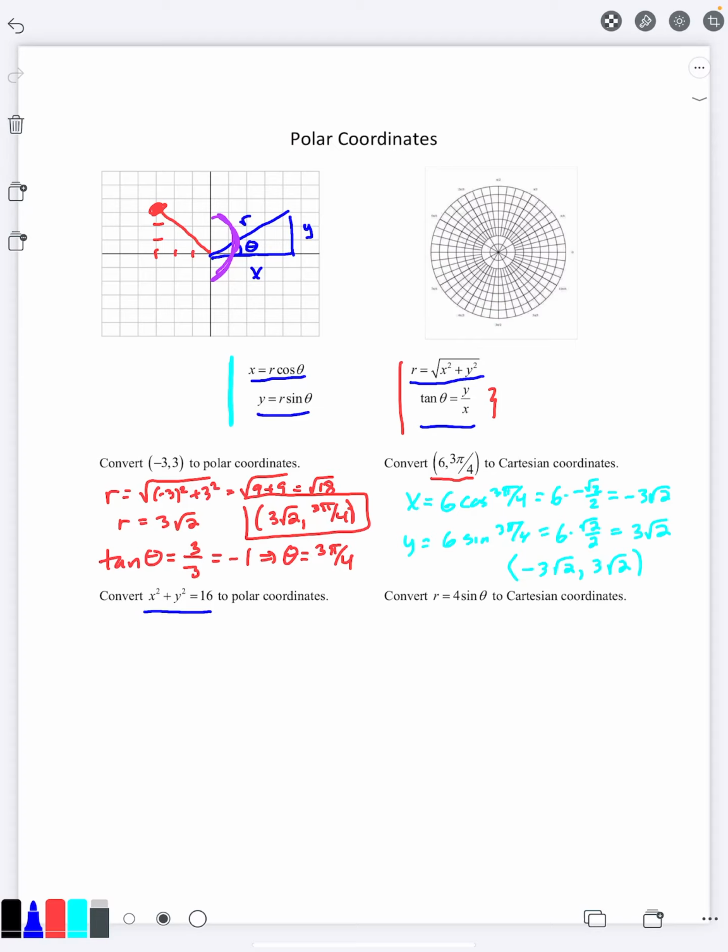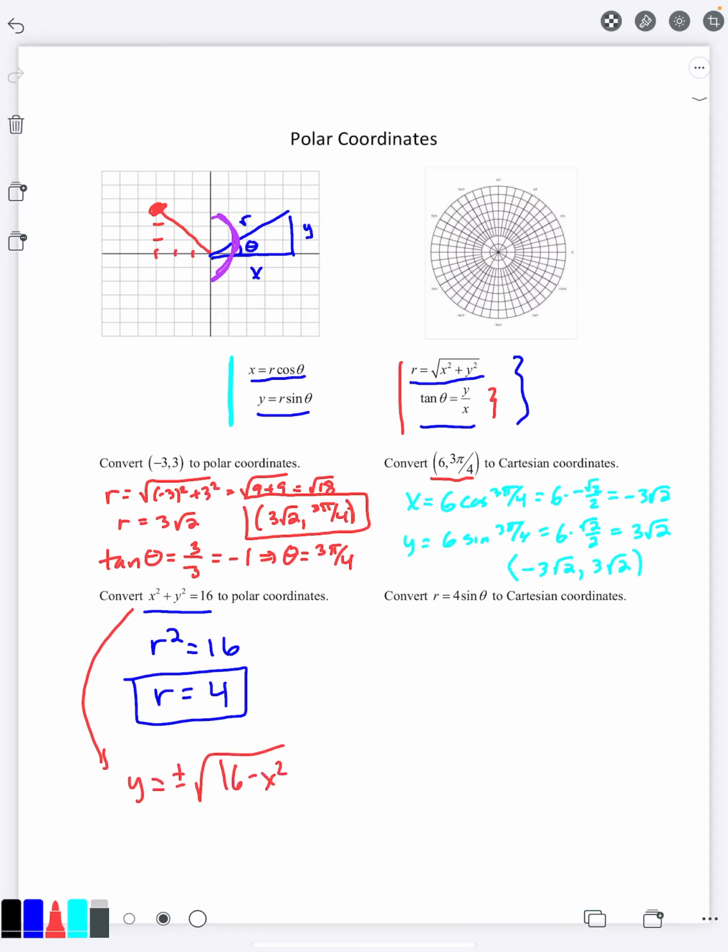However, I can use these equations up here. X squared plus y squared is the same as r squared. Then square root both sides, and we get a much simpler equation, r equal to 4. And you can use that in calculus instead and have a much easier time. If you had tried to solve for y in terms of x for calculus, you'd have this messy expression, whereas if you just have r equal to 4, it'll make life easier.